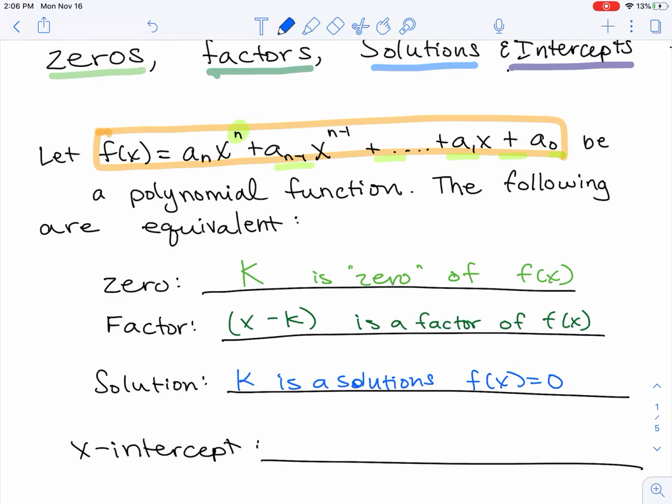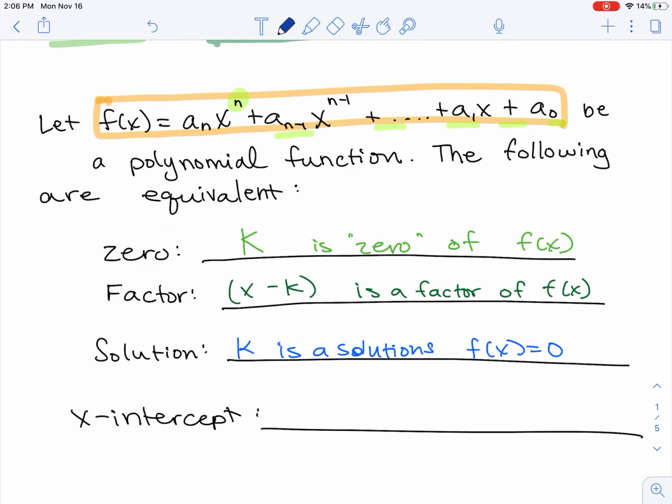And lastly, an x-intercept is k when k is a real number and k is an x-intercept of the graph of f of x, and f of x passes through the point k comma 0.